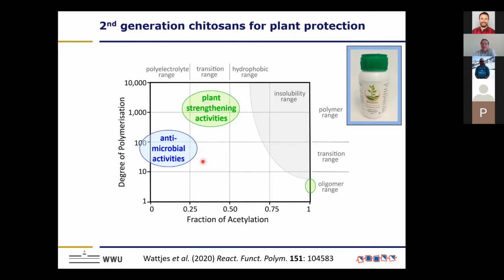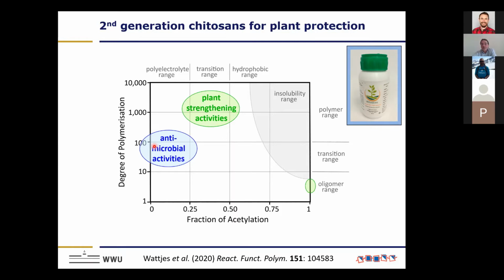And based on this understanding of structure-function relationships, we were then, of course, able to come up, for instance, with this product, which contains just chitosans, a mixture of chitosans which have these activities. And this is now something which is reliably working year after year to really protect plants from disease, not completely, but to an extent that the farmer can be sure to have a good harvest, even in the presence of a pathogen.